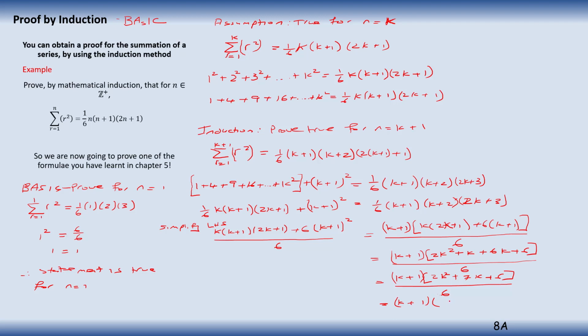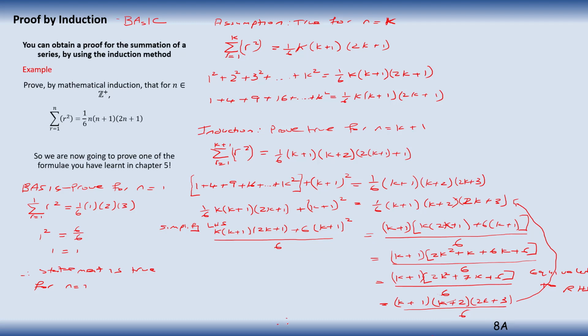So k plus 2 and 2k plus 3 over 6. And just to check, that's giving me 2k squared plus 3k plus 4k, which gives me my 7k plus 6. So that's perfect. And this now is equivalent to my right hand side. I'm going to write that there. Equal to the right hand side. So we've proved the case.